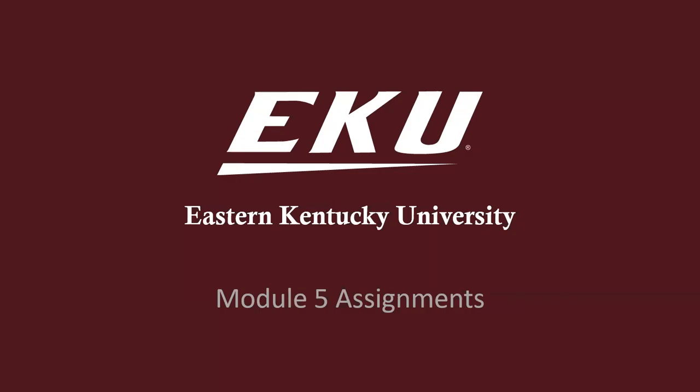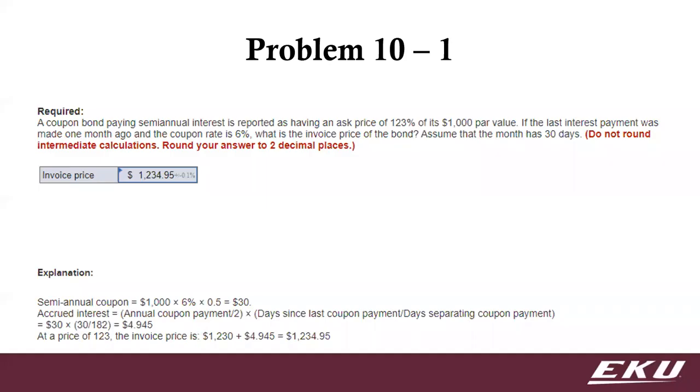All right, so we're going to go through the module 5 assignments here, starting with problem 10.1. What this problem is getting at, and of course pause it to read over it as we go through this, is the difference between what we call the clean price and the dirty price. Because we like to keep the invoice price as simple as possible, right?